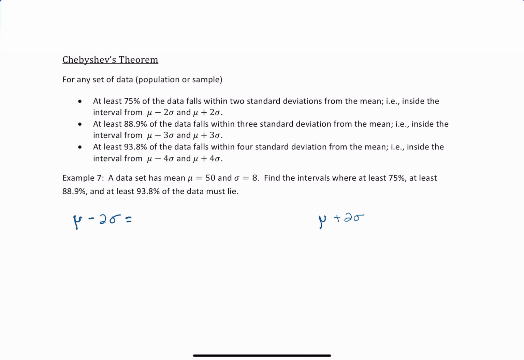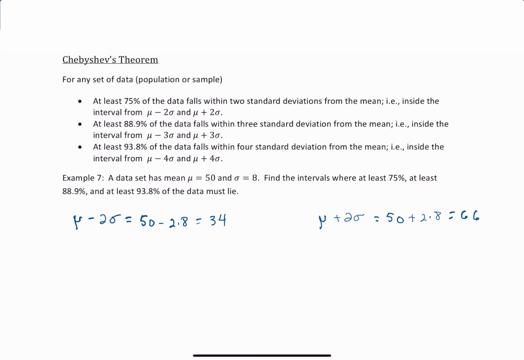With these numbers, that's 50 minus 2 times 8, so 50 minus 16, which is 34, and mu plus 2 sigma would be 50 plus 2 times 8. So 50 plus 16 is 66.